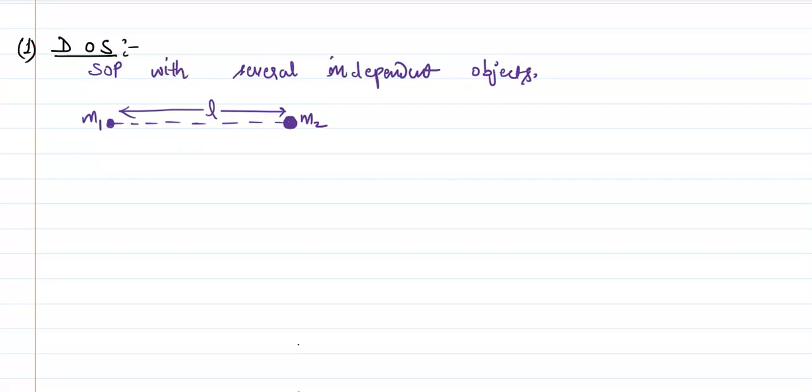That means I want to say that m2 is greater than m1. Now we know that m2 is greater than m1, then we can assume that center of mass will be situated somewhere near m2, not near m1, because m2 is heavier. That means the total center of mass of these two particles will be situated somewhere near m2.